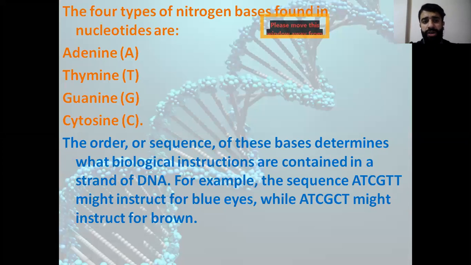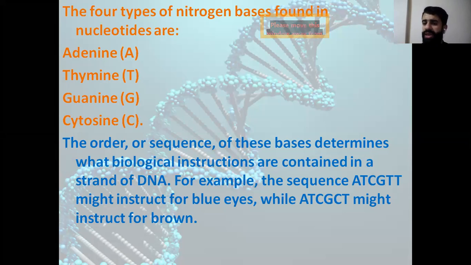The 4 types of nitrogenous bases found in the nucleotide are adenine with the A, thymine with the T, guanine with the G, and C, which is the cytosine. The order or the sequence of these bases determines what biological instructions are contained in the strand.